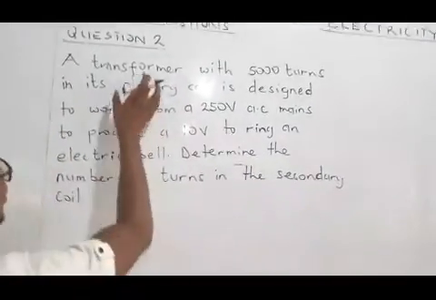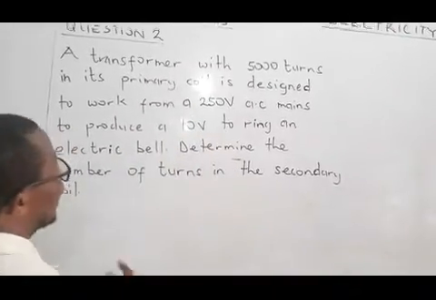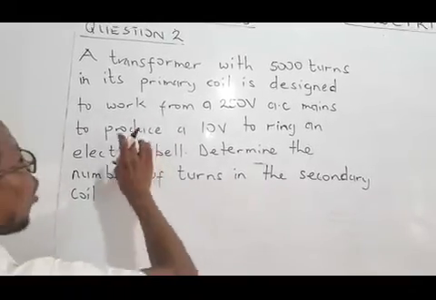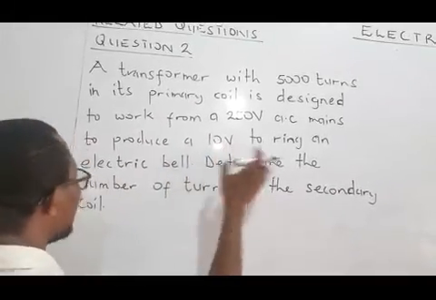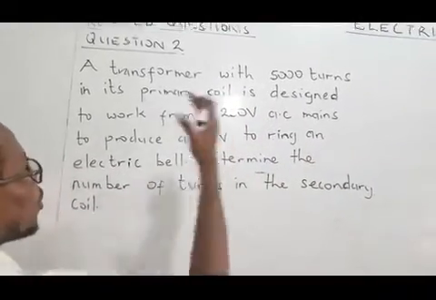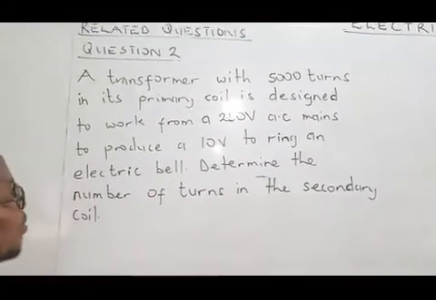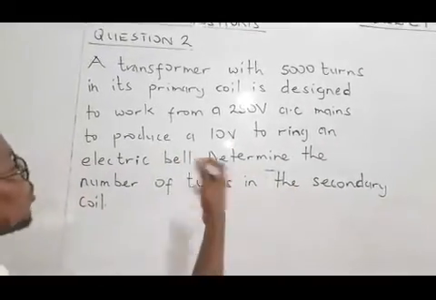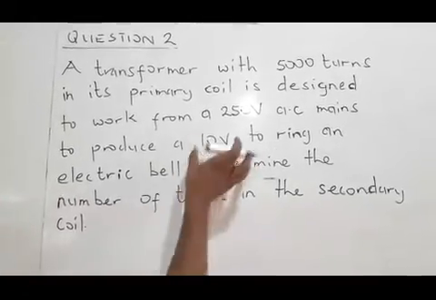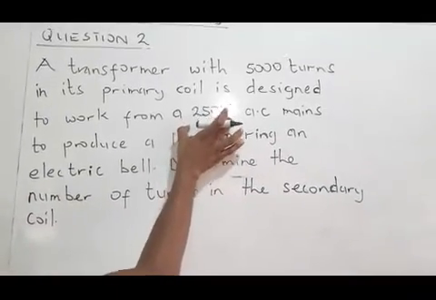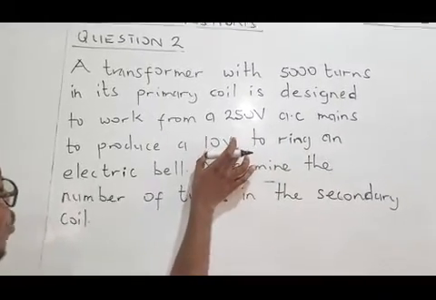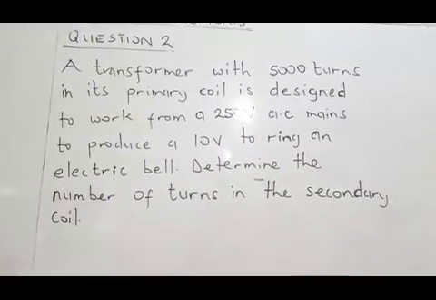So the transformer is receiving this voltage, and then it is giving out this voltage, which is used to ring the electric bell. The voltage it is receiving is what we call the input voltage, or the primary voltage. And the one that it is producing is the output voltage, which is the secondary voltage.